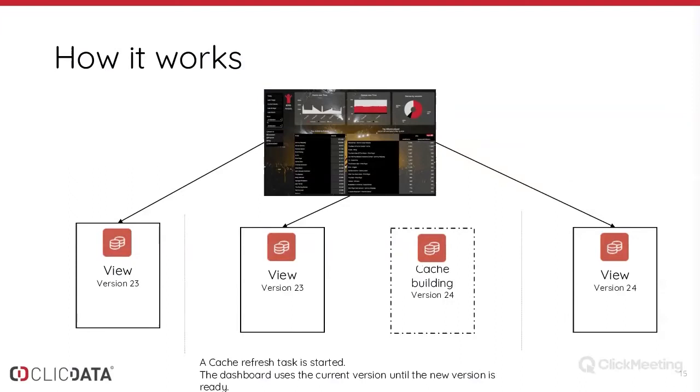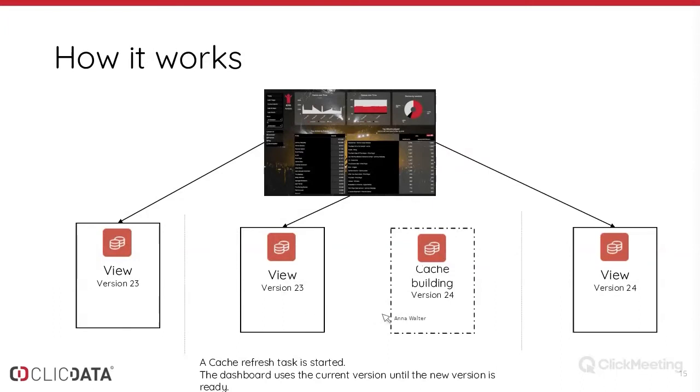So how does it work exactly? Let's pick our dashboard again, and let's see how that works. Say we use this view here, the version 23 of that view, in the dashboards. So a cache refresh task is started on this version, and we want to update this version with something, maybe a new transformation on the view.